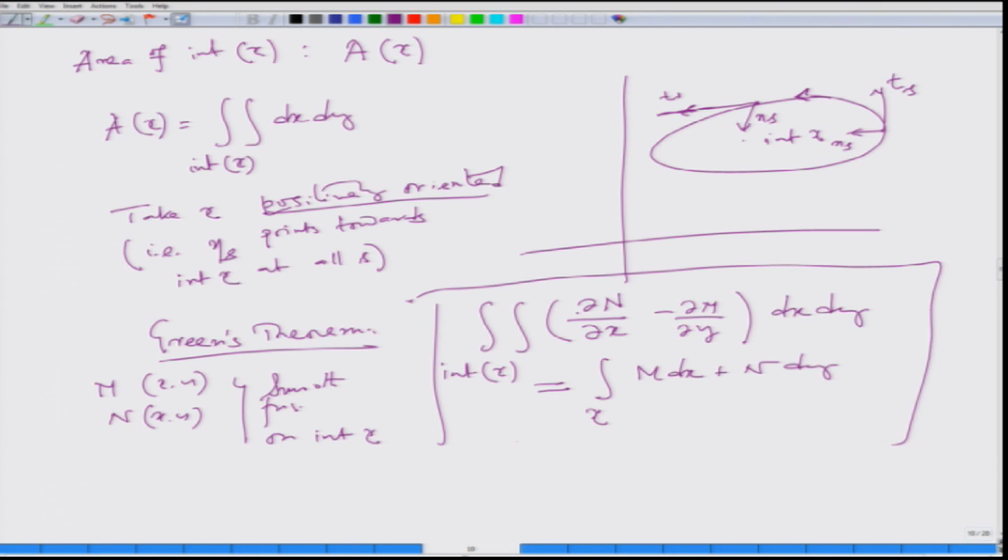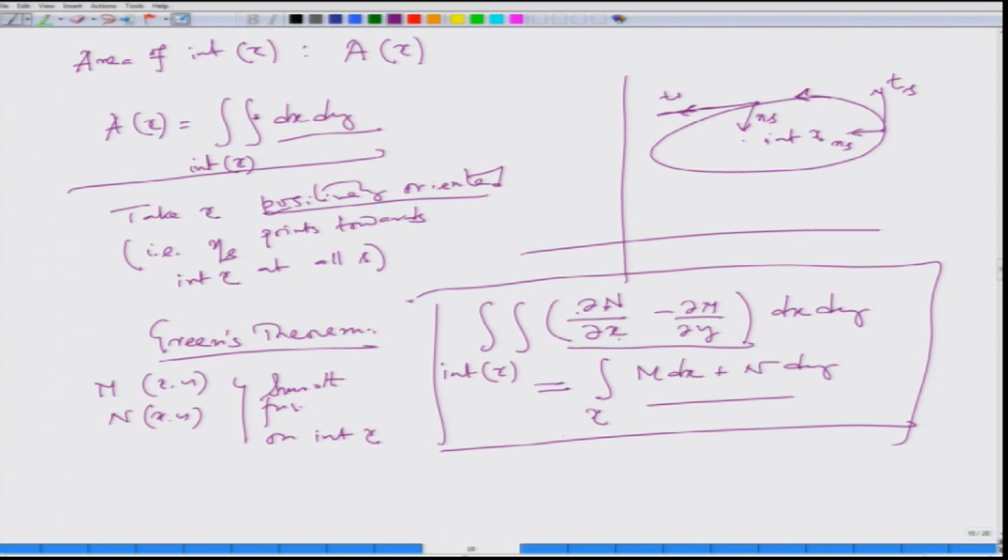The area integral is the line integral over gamma. Now, look back here. I have the integral over the interior of gamma of dx dy, right. So, I need to find two functions N and M such that the integrand is equal to 1, because this is just 1 here. Any two functions N and M will do such that del N del x minus del M del y is 1.